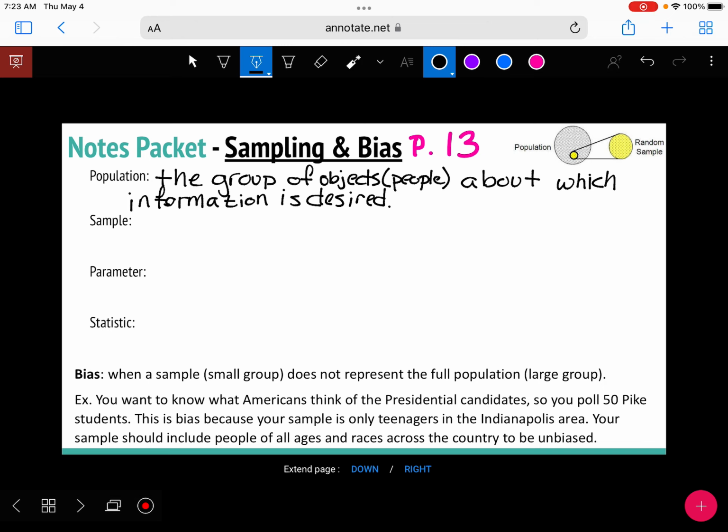It's who I want to know about. Americans, Pike High School students, people in Algebra 2. The group I want to know about.